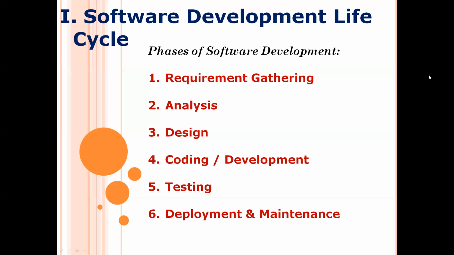Next, second phase in this software development life cycle, analysis. Once the requirements gathering is done, the next step is to define and document the product requirements and get them approved by the customer. This is done through SRS, software requirement specification. Business requirements are converted into software requirements.